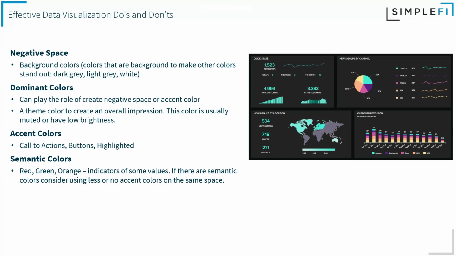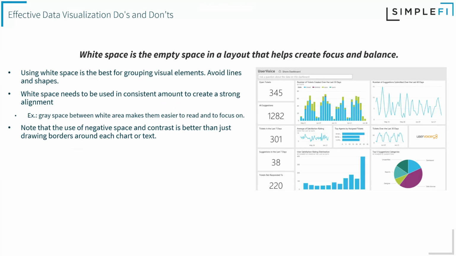So coming back to the white space, you can see another example, this time also nicely aligned, but you want to make some space between each of your elements. It's giving your eyes something to rest on.